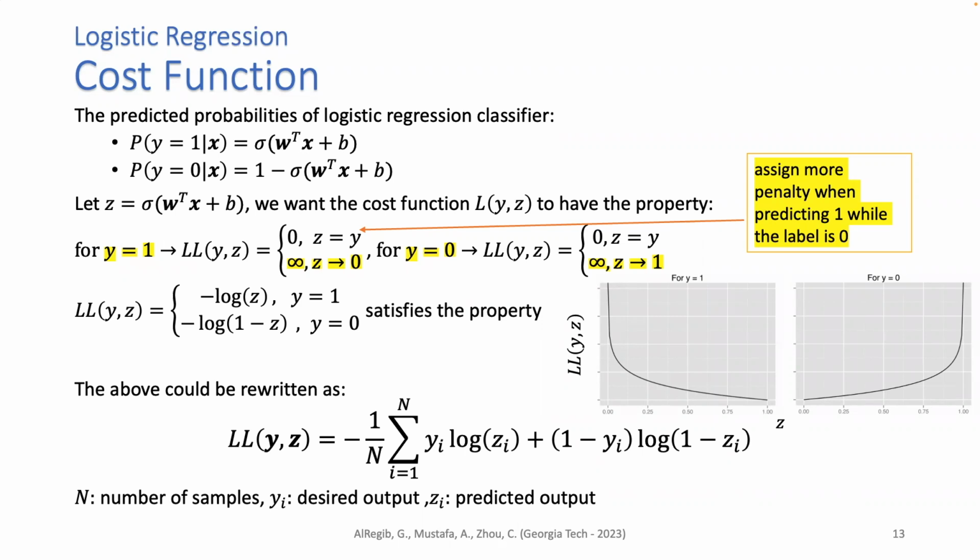At the same time, if my true output is 1, but my prediction is approaching 0 or is equal to 0, I want the cost function to give me a very, very high cost, a very high penalty I have to pay. Does that make sense? And you can make the same argument when your ground truth is y equals 0, then you can look at the same characteristics of the cost function. Does this make sense? What the cost function is?